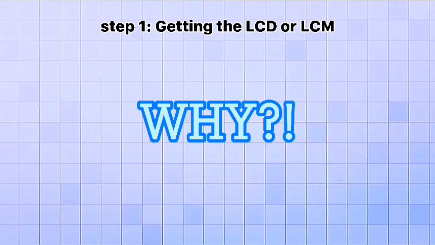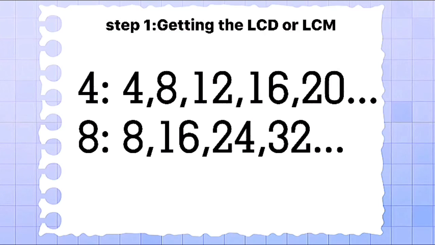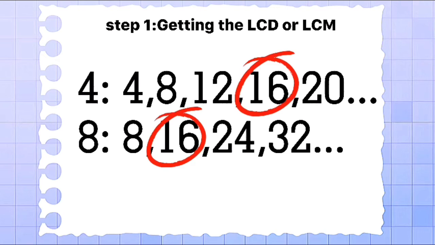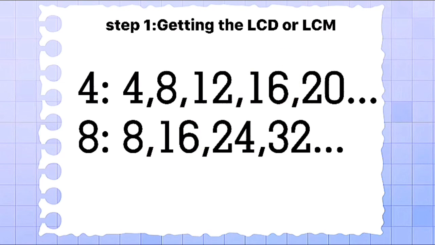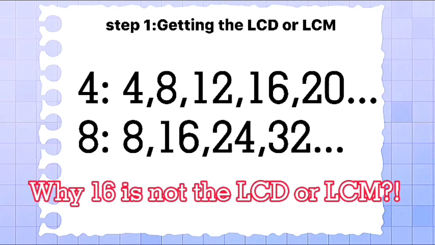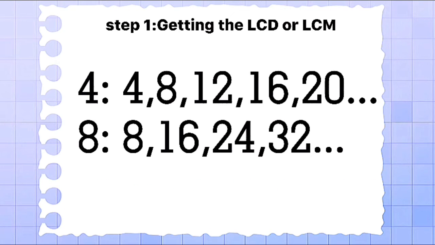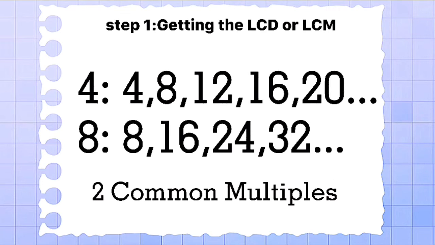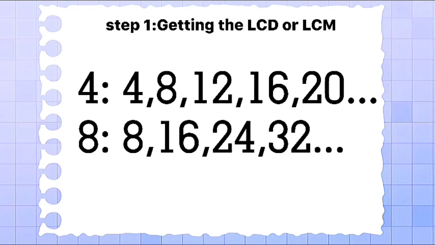Why? 16 is also a common multiple of 4 and 8. So, why is 16 not the LCD or LCM? Well, let me explain. If you have noticed, there are two common multiples of 4 and 8.